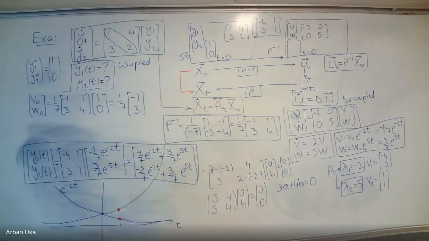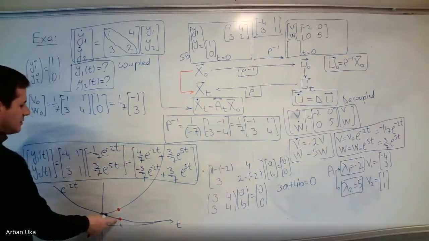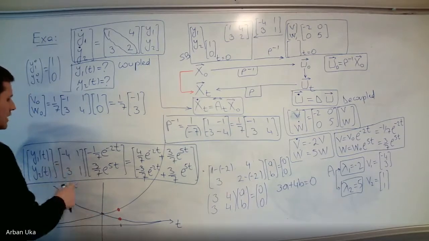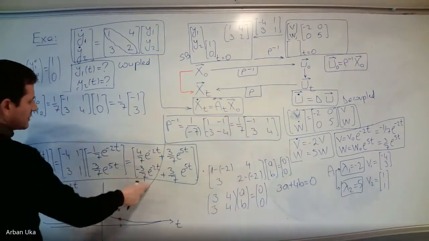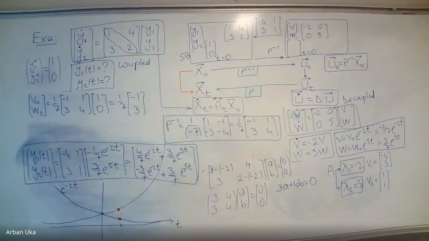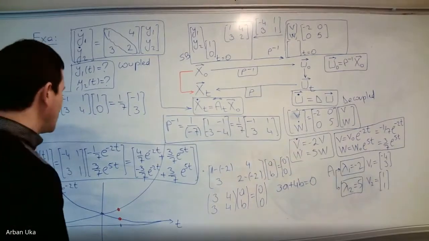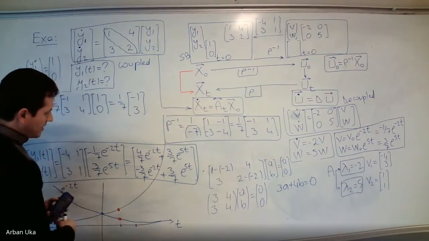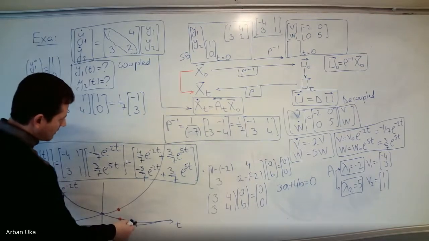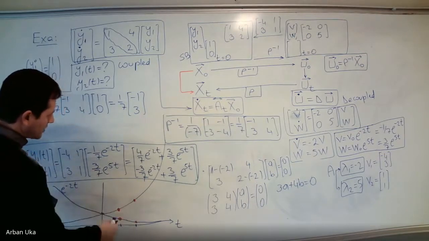So we get 4/7 of this plus 3/7 of this. But y2 is minus 3/7 of this plus 3/7 of this. A little later, at this time, again, we will have to add up respective values of these points, okay?